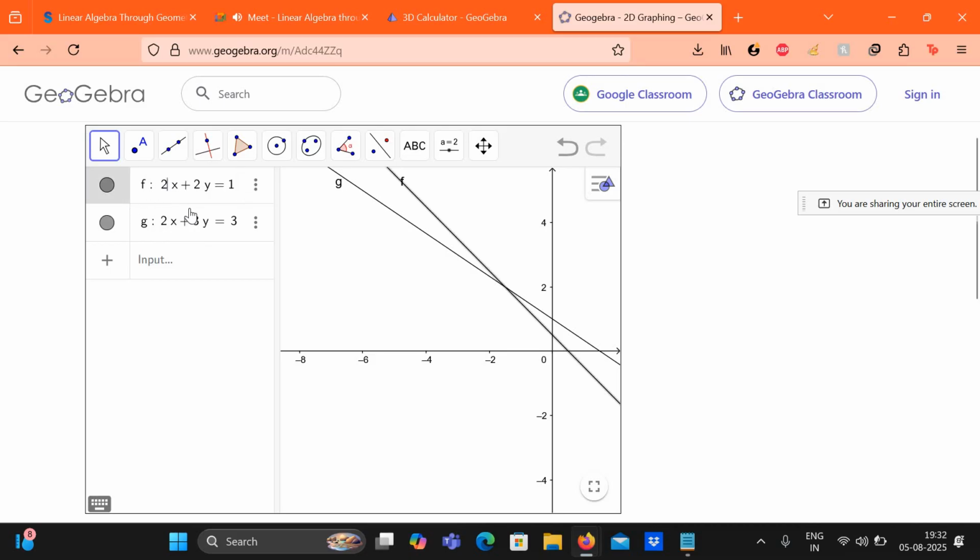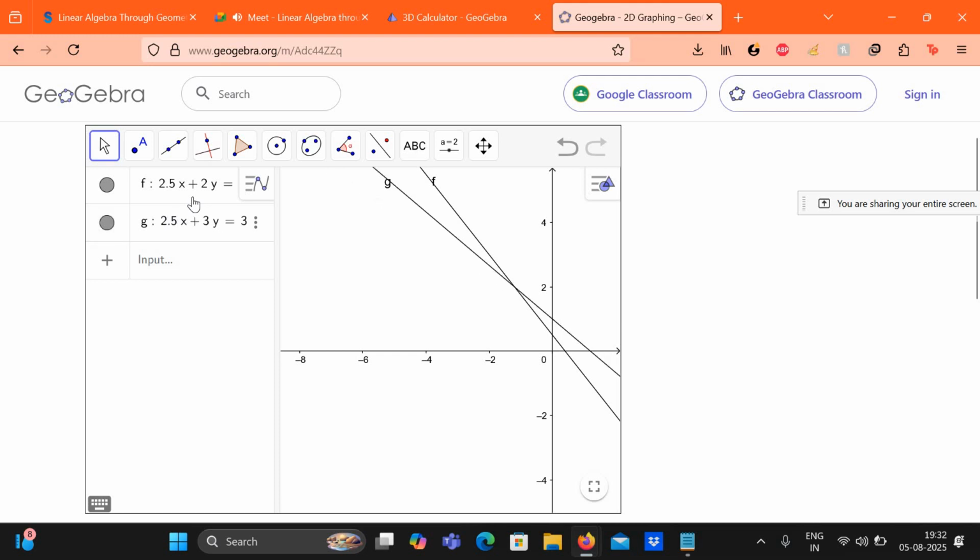Again I'll visualize this by saying that I'll shift this by 2.5. You see that the lines, the orientation is still the same. And I say I need to now increase it a little bit more. 3.